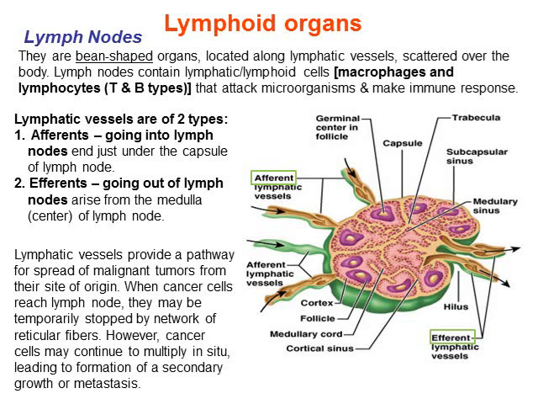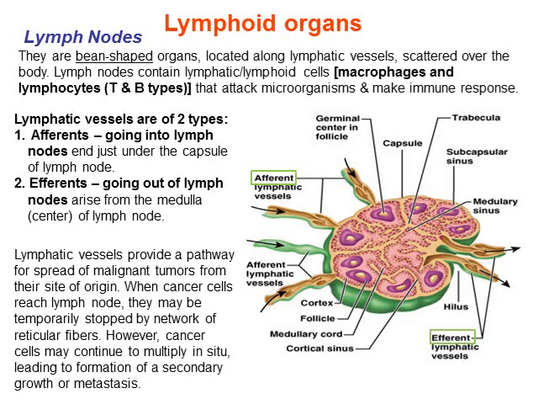The lymphatic vessels provide a pathway of spread of malignant tumors from the site of the origin of the tumor. When the cancer cells reach the lymph node, they may be temporarily trapped and stopped by the network of reticular fibers. However, cancer cells may continue to multiply in situ, and the meaning of in situ is at that site of the lymph node.